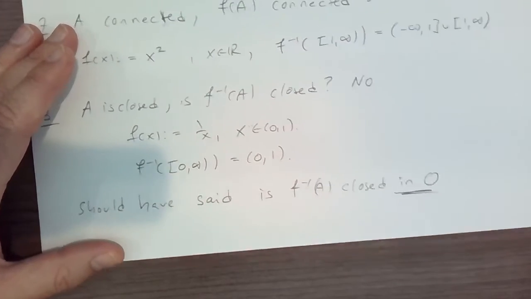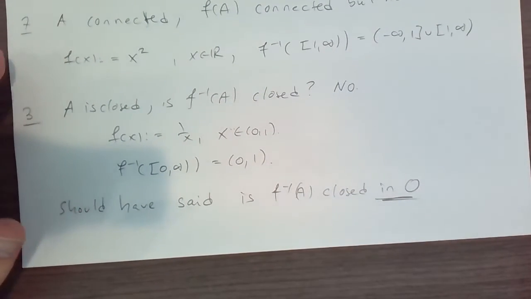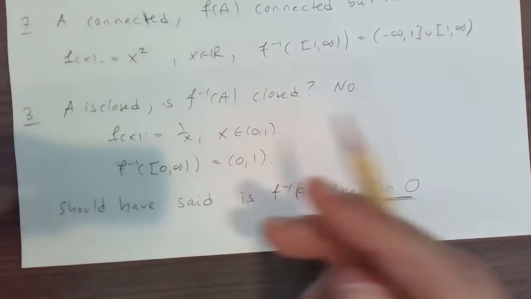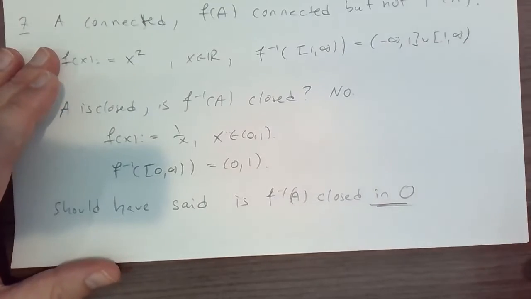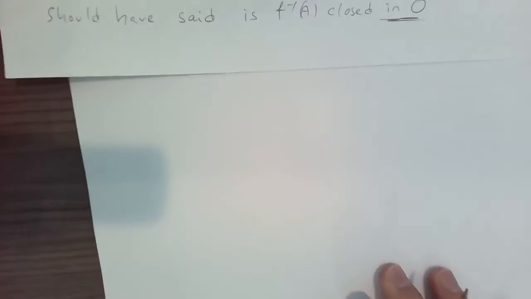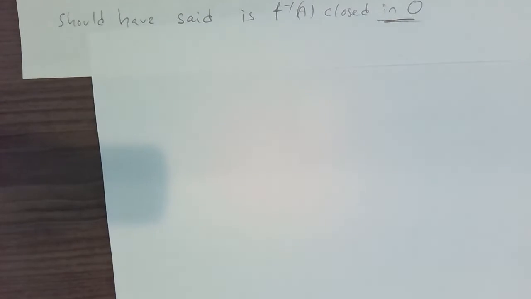Now, this is the missing piece, right? Because the way that it reads is that it's closed in R. And so what we need to remember is the last thing we do before we use it.